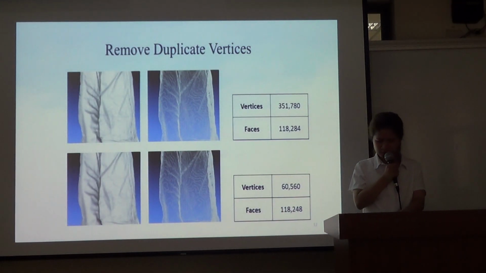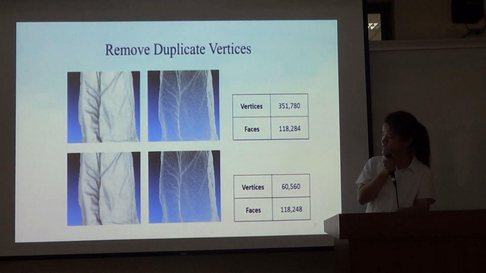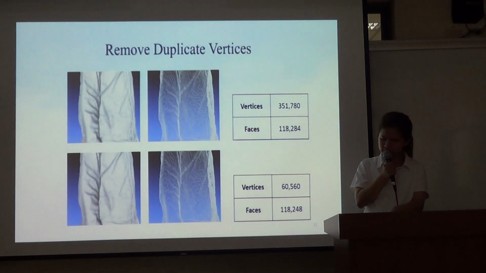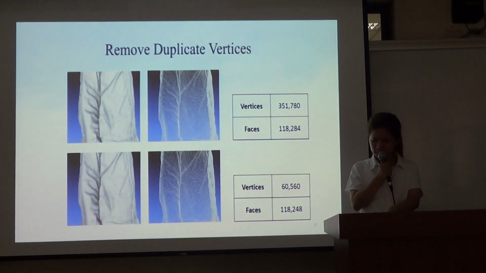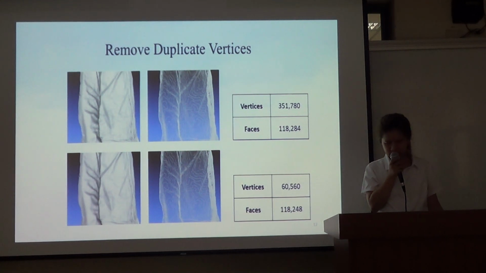This shows that in the model captured by the Kinect camera, there may be many overlapping vertices in the coordinates of the vertices in a triangle.